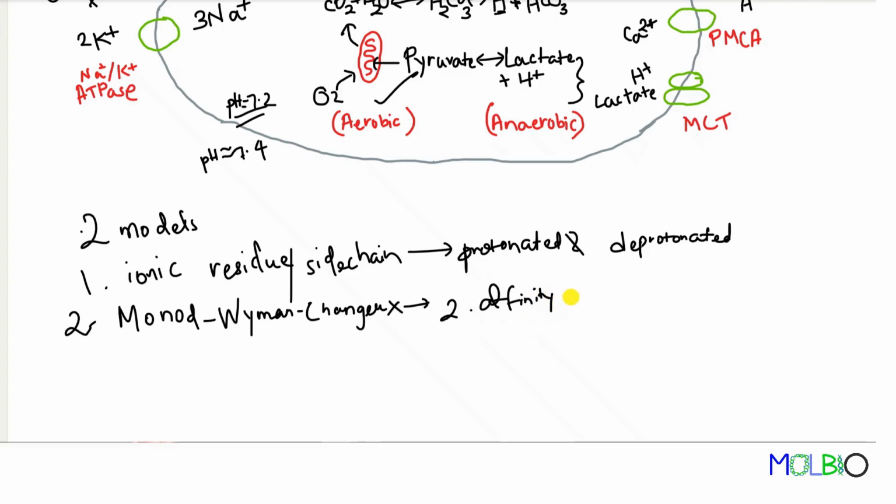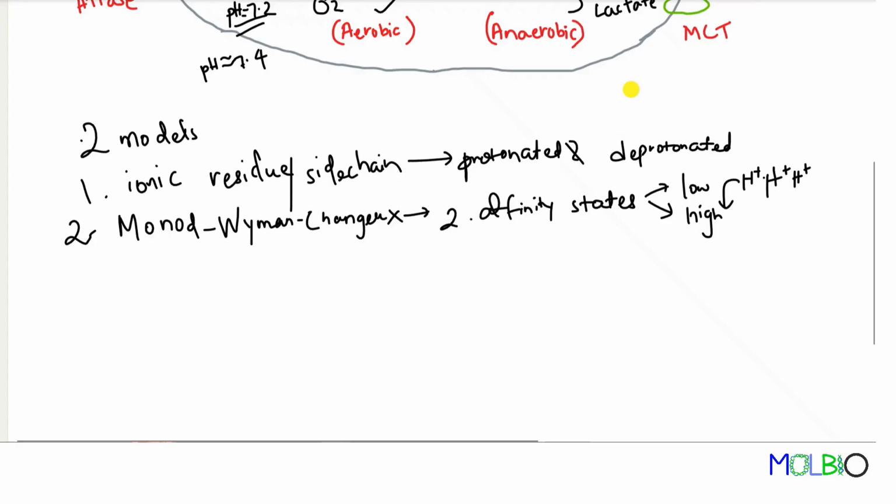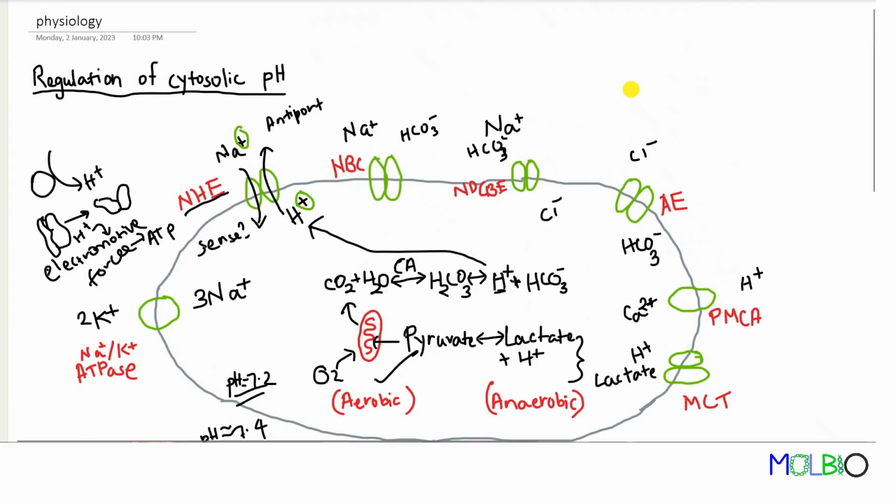If you remember the calcium pump as we had studied, there is one low affinity state and one high affinity state. When there is enough proton present in the cell, beyond a threshold, the low affinity state switches to high and it becomes activated. These two models both are supported by experiments and they are not mutually exclusive. So one transporter can have both mechanisms going on.